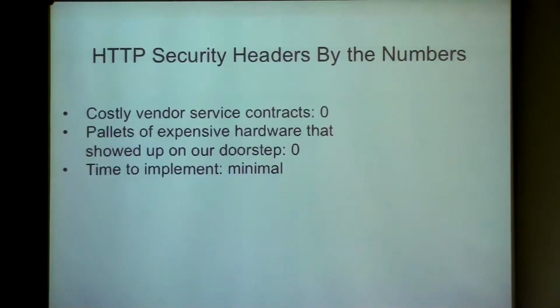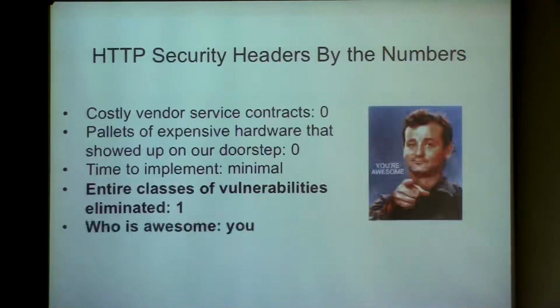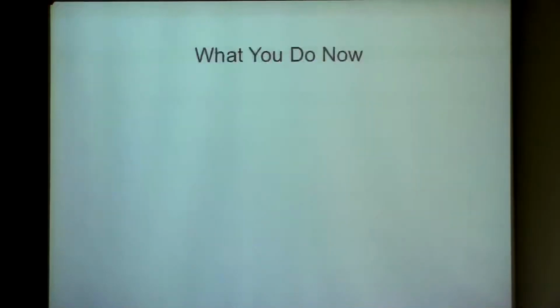But the others are pretty quick fixes. And like I said, the entire class of vulnerability, just for one of these headers that we eliminate. It's pretty good. So who's awesome? You guys are awesome. You guys go back to work on Monday, we know what we're going to start talking about with our bosses.